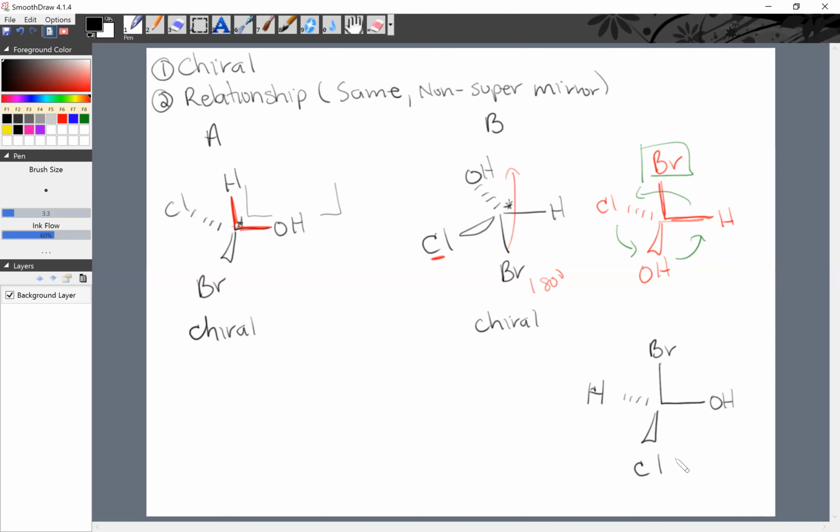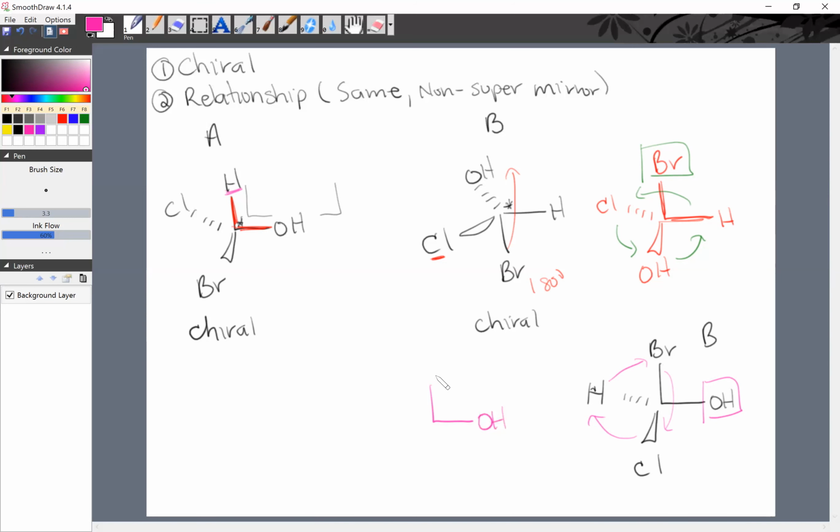Okay, so now I'm comparing. Remember, this is still B. I've just rotated it. Okay, my OH is the same. So this time I'm going to hold on to my OH and I'm going to steering wheel the others. And this one, the hydrogen's on the top. So I'm going to rotate up, down, and over. My OH is my fixed point.